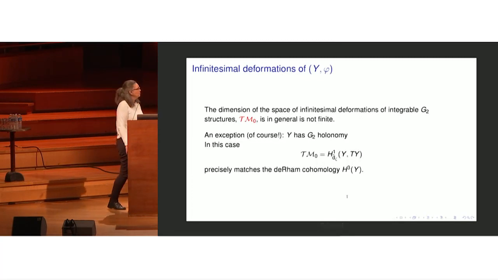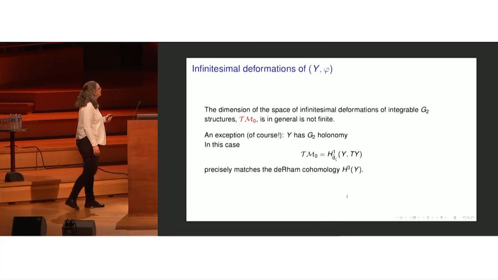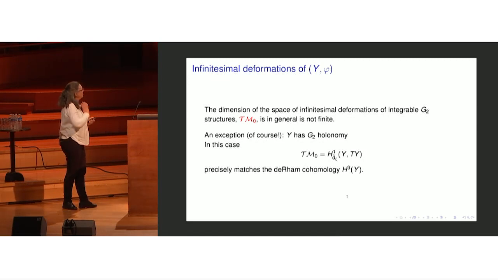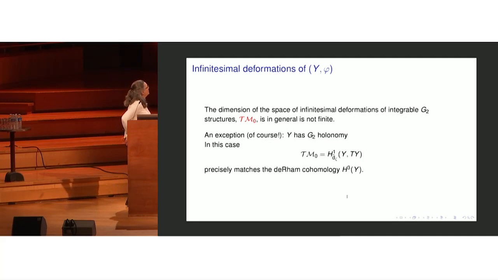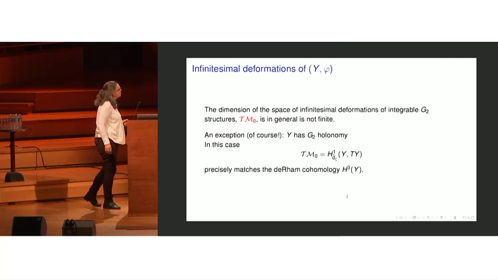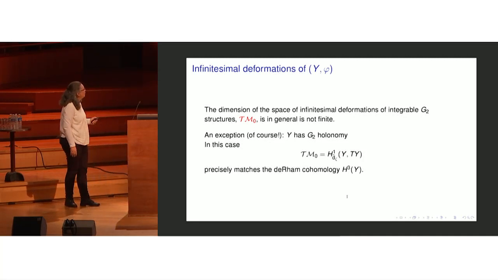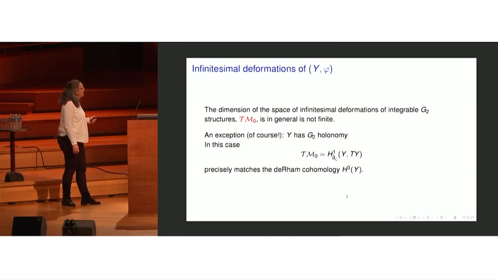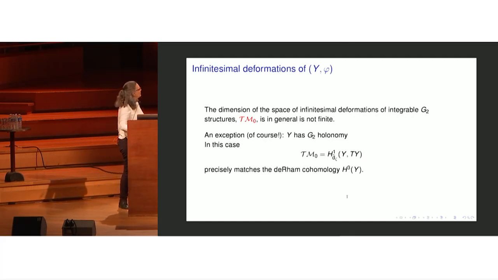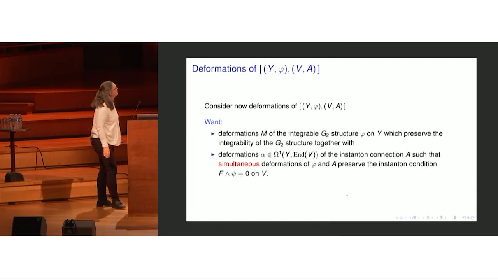And you get some space, this space tau m0, but it's not in general finite dimensional. An exception, of course, is when Y has G2 holonomy, in which case this is precisely the first cohomology of this operator, d zeta, and it matches precisely the de Rham cohomology H3, as discussed by Joyce a long time ago.